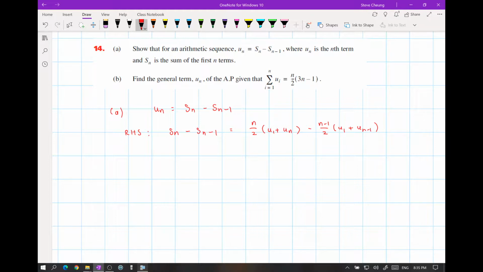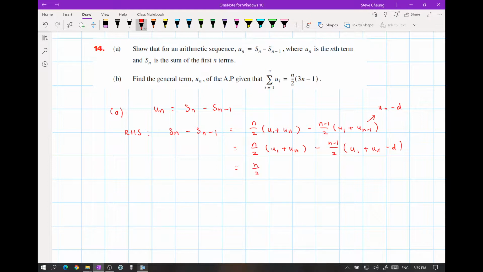Now, do you agree that u sub n minus 1 is basically just u sub n minus 1 times the difference? So I'm going one term back. So that means I can replace this with u sub 1 plus u_n minus d. Maybe I should expand the whole thing out.